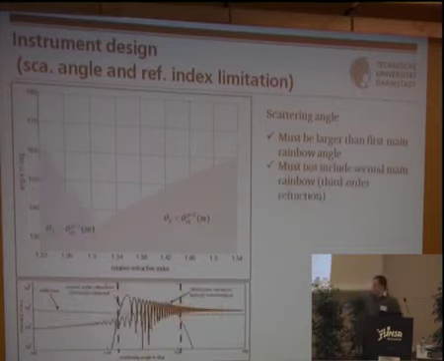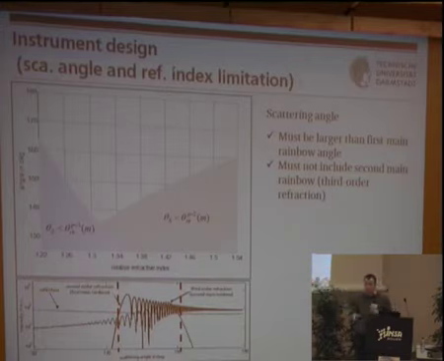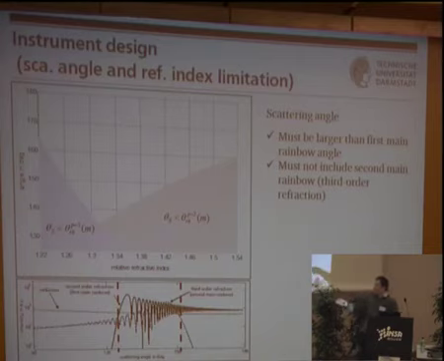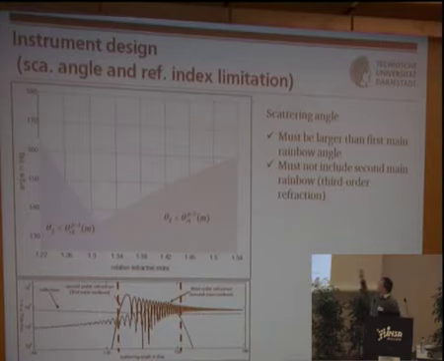You also have the case for smaller refractive indexes and smaller scattering angles that the third order refraction and second order refraction overlap, which is not desirable. It means the scattering angle should also be larger than the second main rainbow.